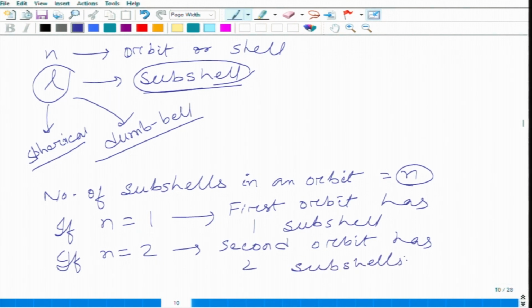Whatever the principal quantum number, that many subshells will be present within that orbit. Like for n equal to 3, the third orbit will have 3 subshells and so on.